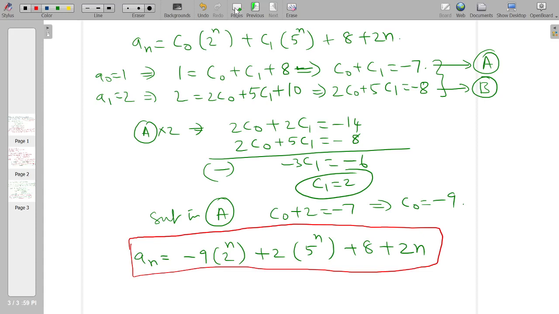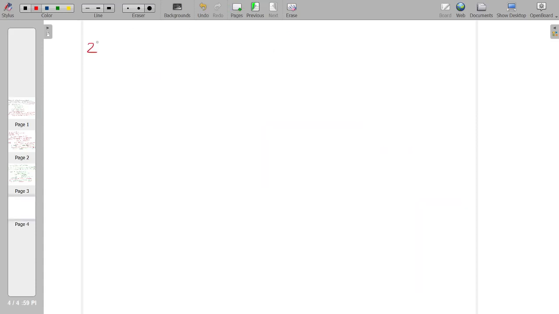Now I will move to the second problem here. The second problem is one in which you have a power n in the right hand side. Okay, let us see this.